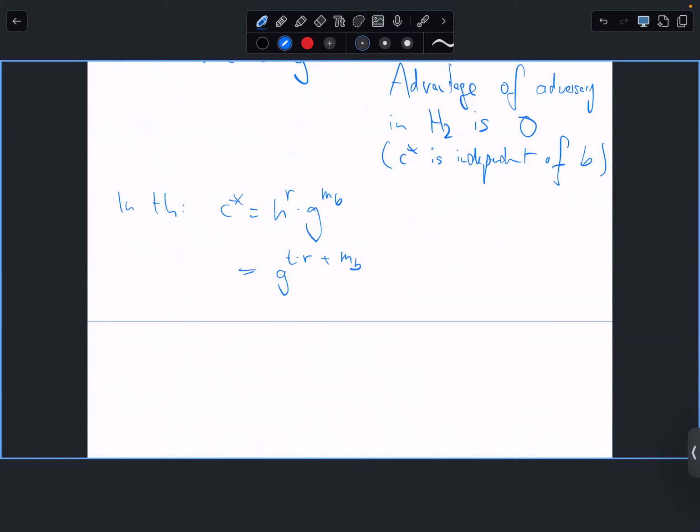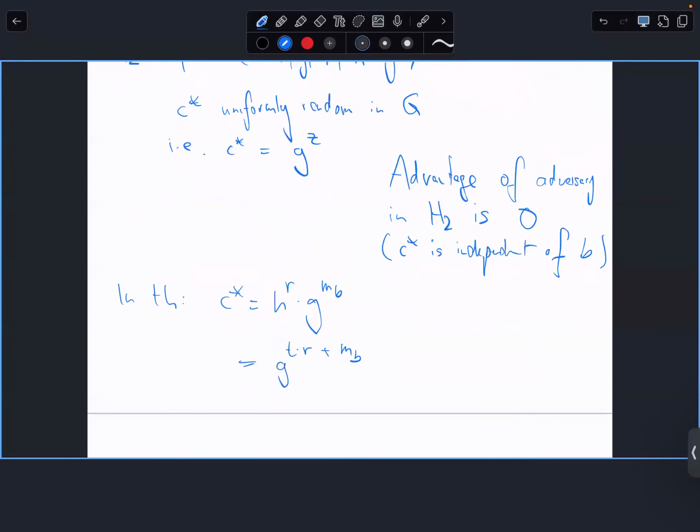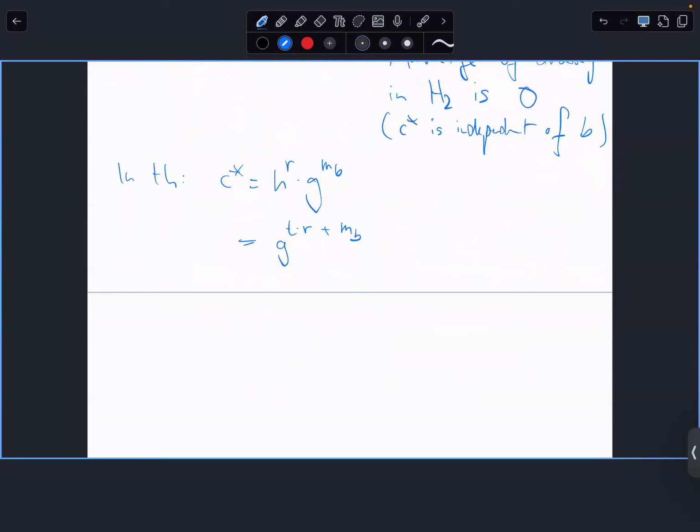Actually, what I just said is not correct. They are not identically distributed. They're just statistically close. So we know that R is uniform. If R is chosen uniformly random, what do we know about T times R plus MB?